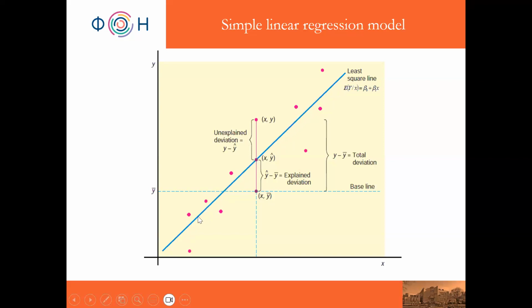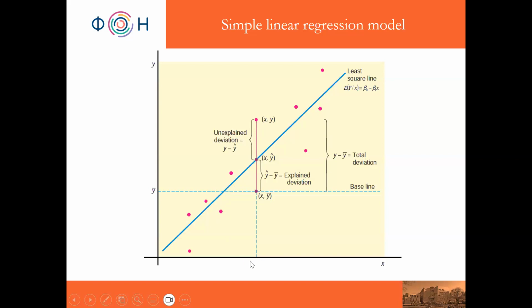Our blue line is the line which we can calculate as b0 plus b1 x_i. As we can see, the difference between what we have measured and what our model provides as a value can be positive, as here, or it can be negative on the other side of the line.